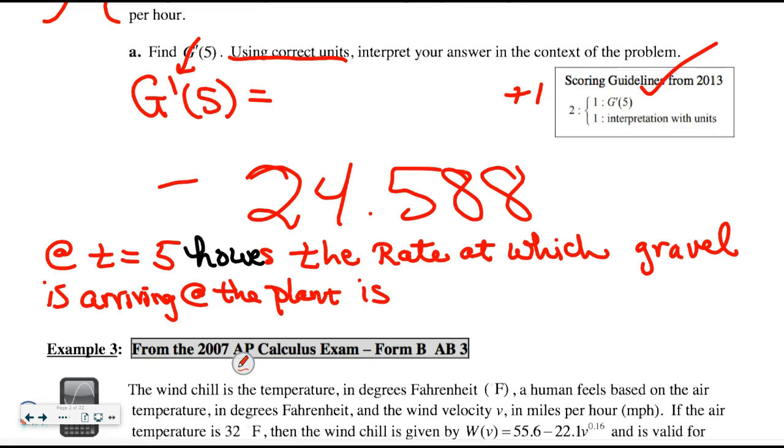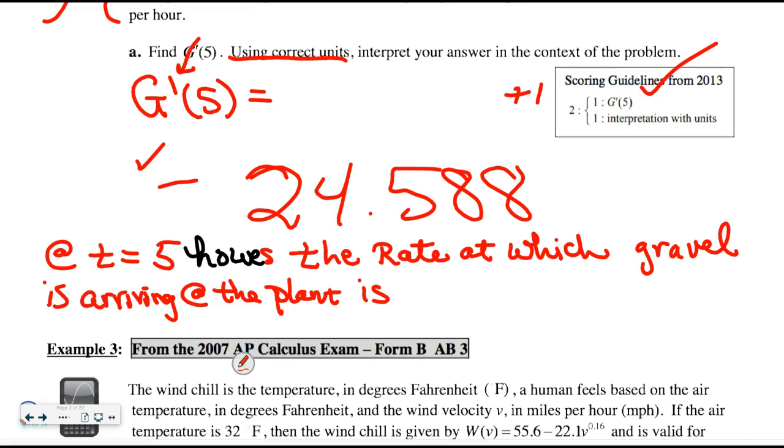is, all right, so t equals 5 hours. The rate at which gravel is arriving at the plant is, you can put decreasing. It just means it's arriving slower than it had been. It's still arriving at the plant, but maybe it's lunchtime or something. You know what I mean? And it's arriving slower. That's what it means to have a negative rate, it's slowing down. So at t equals 5 hours, the rate at which gravel is arriving at the plant is.